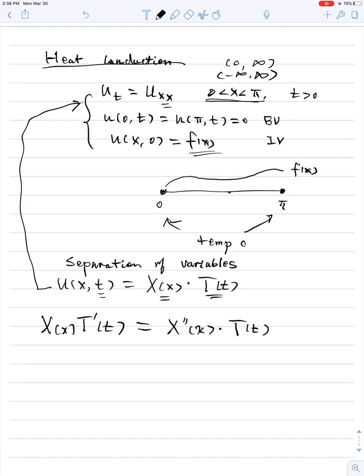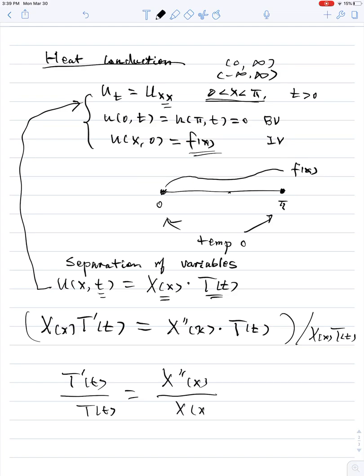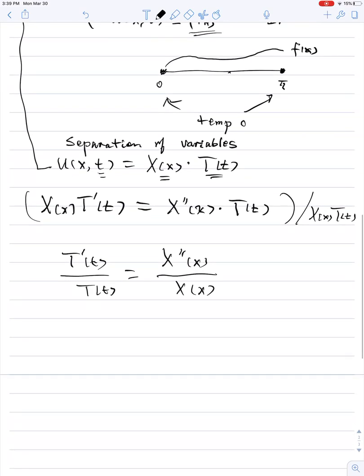Now, if we divide both sides by capital X times capital T, then the left hand side becomes T'(t) over T(t) equals X''(x) over X(x). That is what we get after we divide both sides by capital X and capital T.